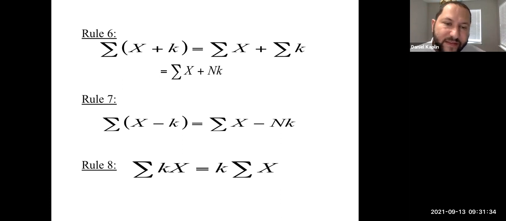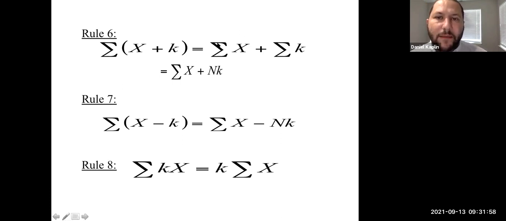And then rule 7 is the sum of the X minus K column is equal to the sum of the X column minus N times K. Last but not least, the sum of the K times X column is equal to K times the sum of X. And I'm gonna show that now.